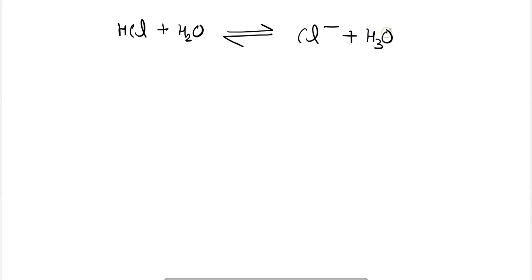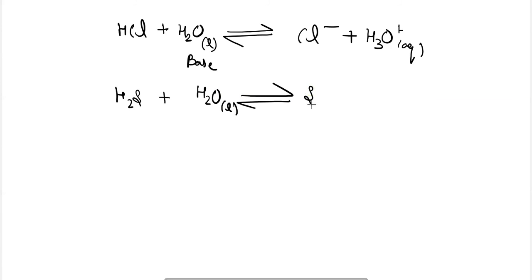Here water is acting as a base, and with H2S also, water will behave as a base and produce a hydronium ion, with HS minus. So this is the basic behavior of water.